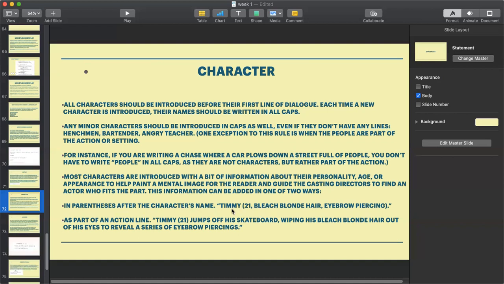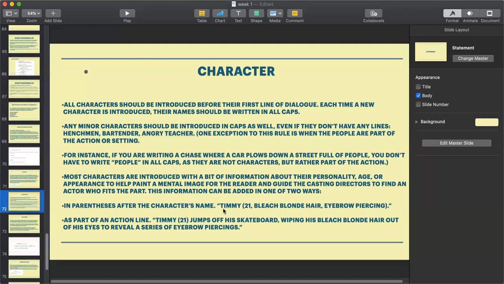So if I'm introducing a character, I have to mention the character's age, how the character looks, what the basic expression will be, so that when I'm reading the script, I can almost visualize, I can almost paint a mental picture, right? And I can almost see the character, and also the casting director, like I said, it will be easier for that person to find an actor who matches the description.